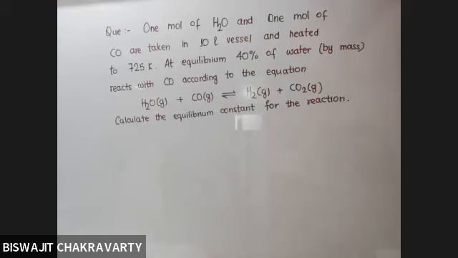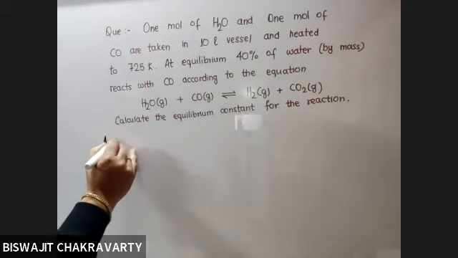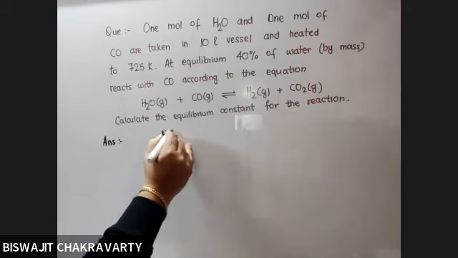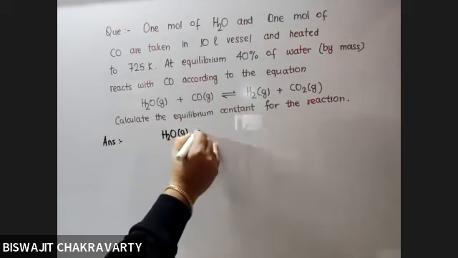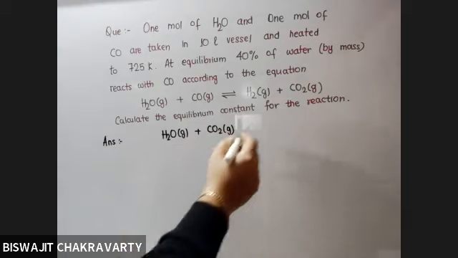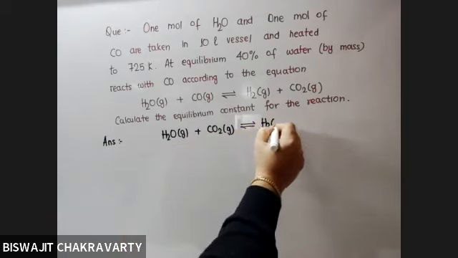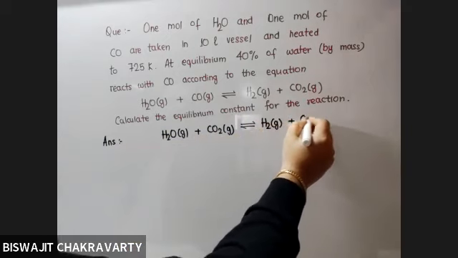Now, nowhere do you have a pressure term, it means Kc is asked. So we are going to write H2O gas plus CO gas, reversible sign, H2 gas plus CO2 gas.